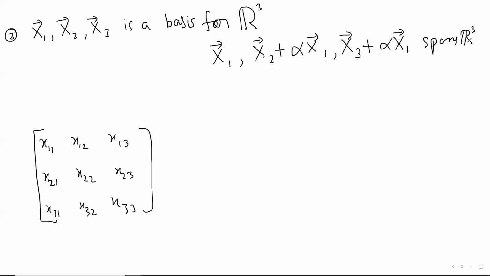You can do that, like span of x1, x2, x3 is R cube. So beta 1 x1 plus beta 2 x2 plus beta 3 x3, that spans R cube. Like that set, over all beta 1, beta 2, beta 3, equals R cube.